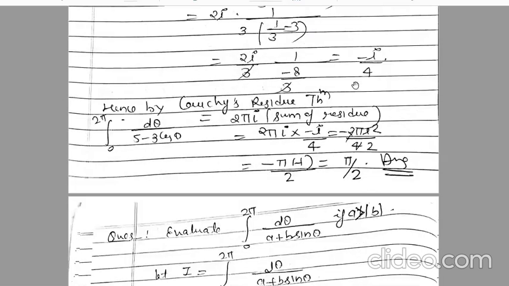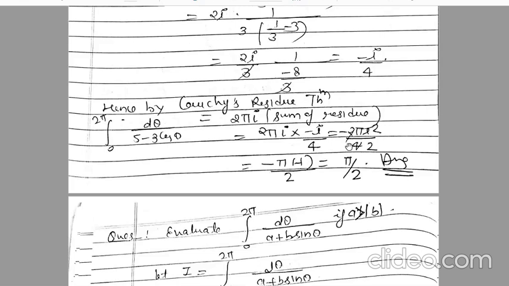So hence by Cauchy residue theorem, integral 0 to 2 pi d theta upon 5 minus 3 cos theta is equal to 2 pi i times the sum of residues. So 2 pi i times minus i upon 4, there is one residue, another will be 0. So you will get minus i pi by 4 plus 0, that means minus i pi by 4.